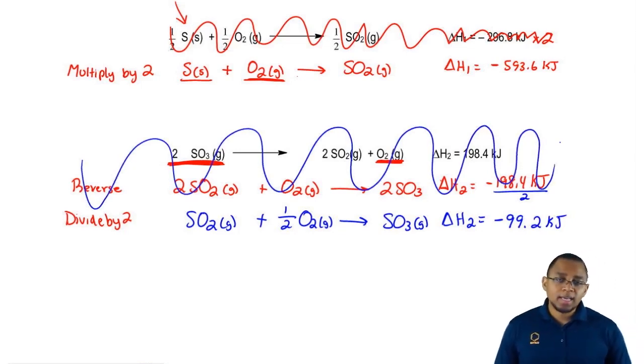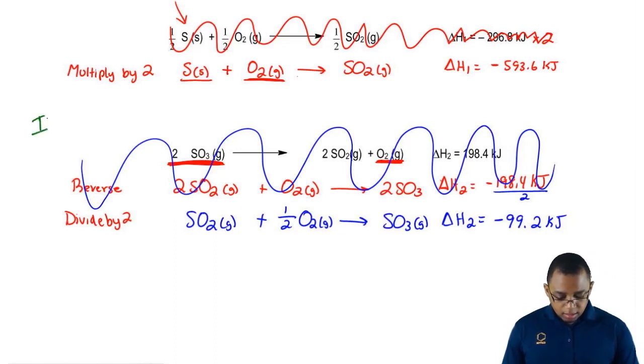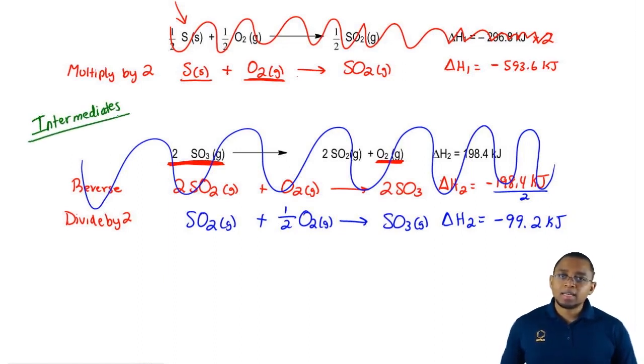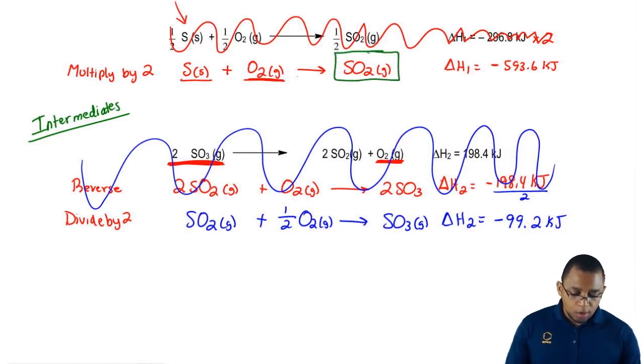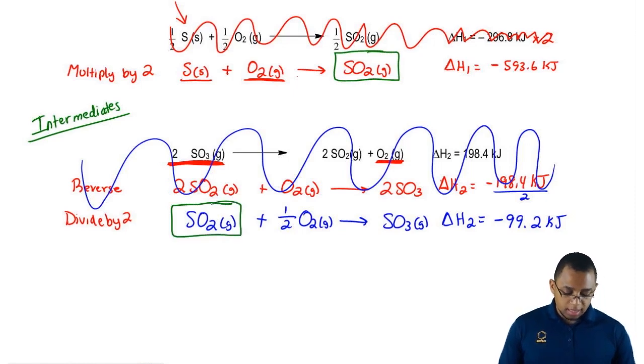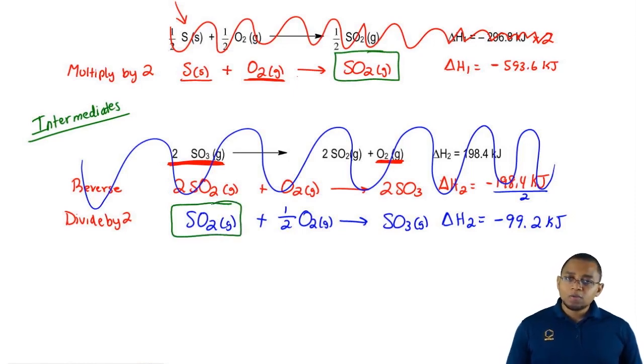What I'm going to do next is get rid of what are called intermediates. Intermediates are compounds that look alike, but one is a reactant in one equation and the other one's a product in another equation. Our intermediate here is SO2. Here in this first equation, it's a product, but in the second one, it's a reactant. So because one is a reactant and one is a product, they're going to cancel each other out.